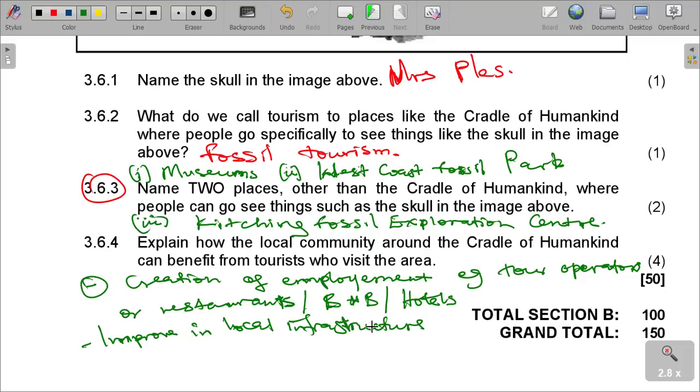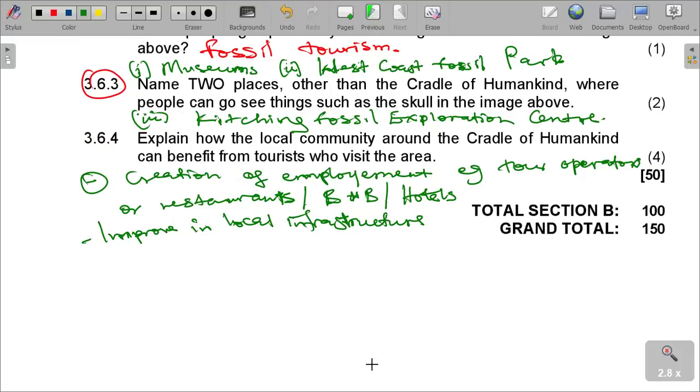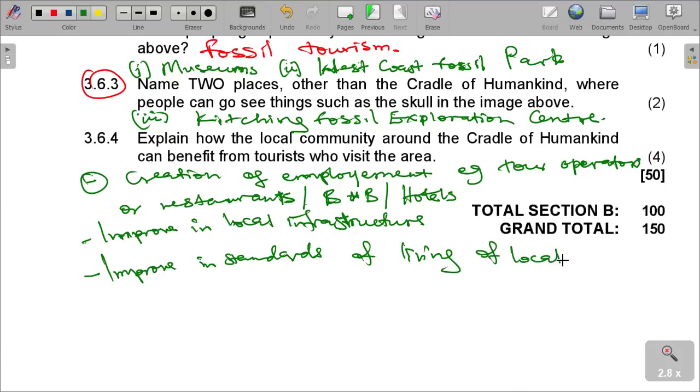So these are examples of services that are there, which we can say creation of employment, improvement of local infrastructure, and then improve in standards of living of local communities. These are quite correct answers that we can give. You can add as many other points that you can add.